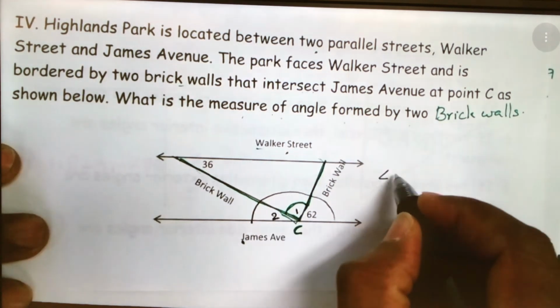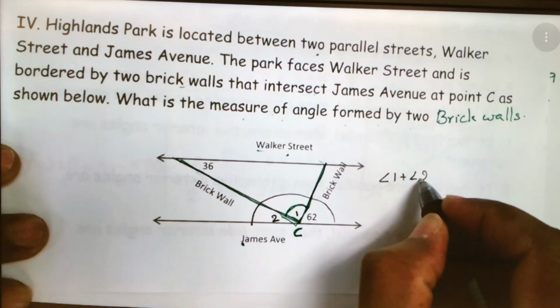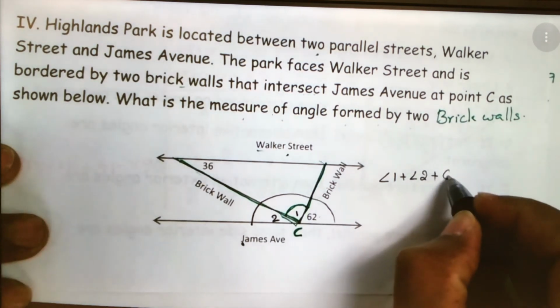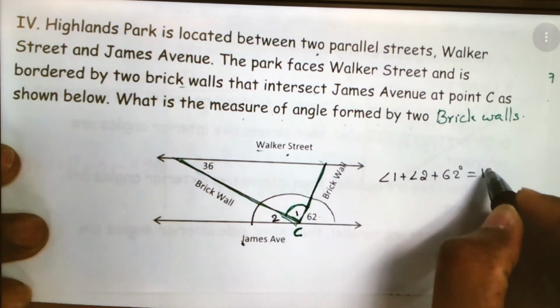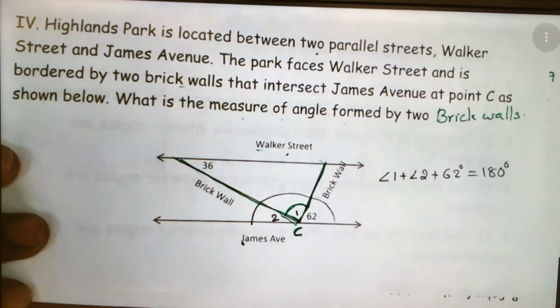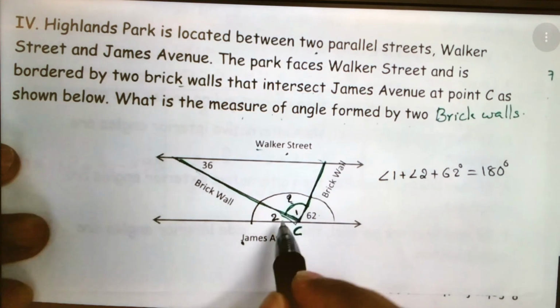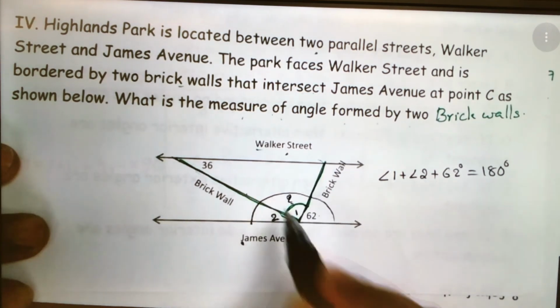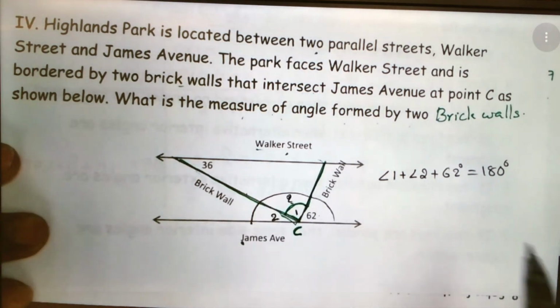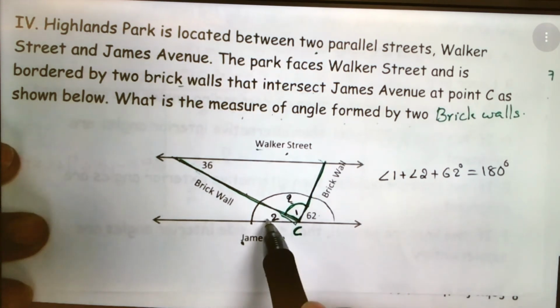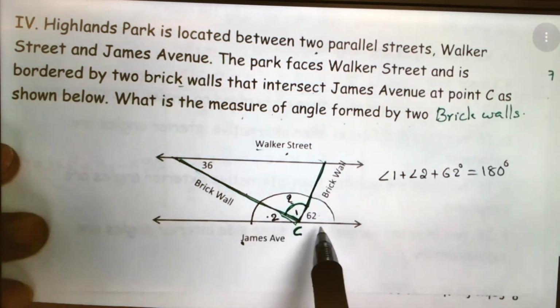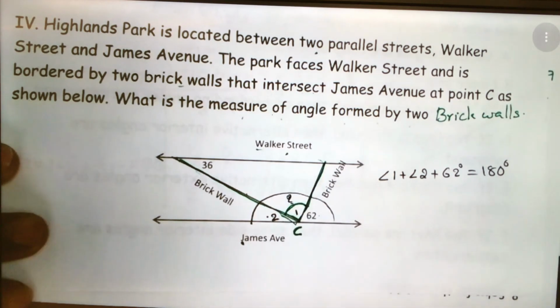If I add angle 1 plus angle 2 plus the 62 degree angle, that adds up to 180 degrees. I need to figure out angle 1. To figure out angle 1, I should know this angle so that all of them add up to 180.